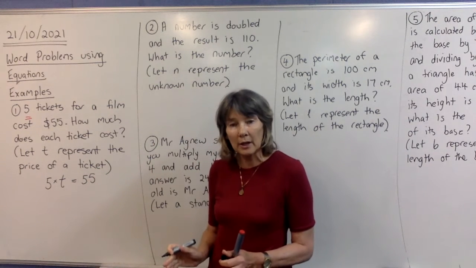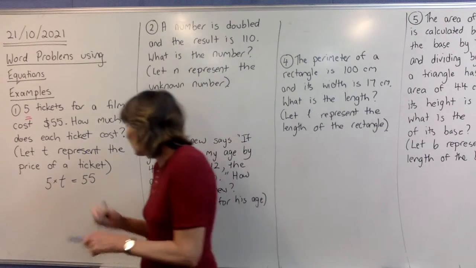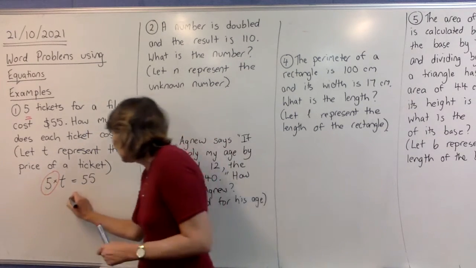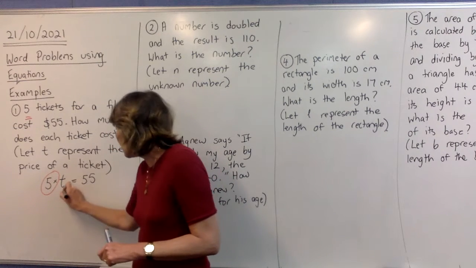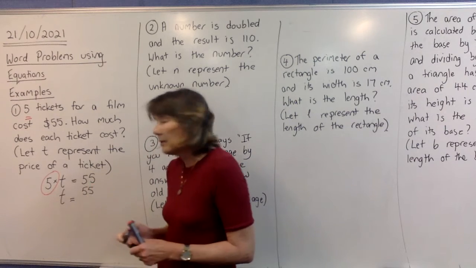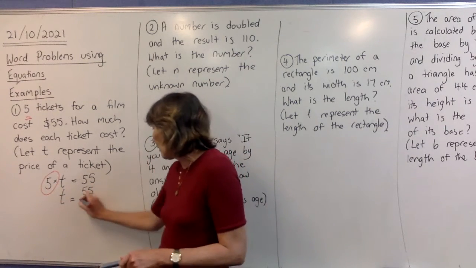Okay, now we've created an equation there, so all we're going to do is solve it now. So we're going to get rid of this times 5 so that we can get the T by itself. Keep your equal signs under equal signs. Then we write our 55 down, and then we're going to do the opposite of times 5, which is divide by 5.